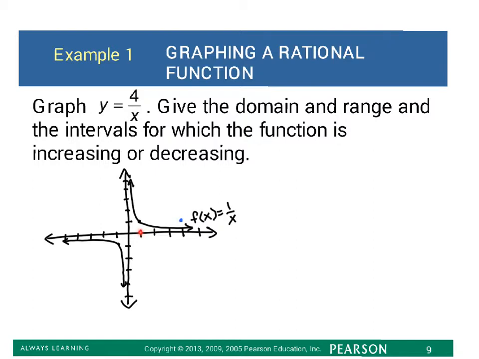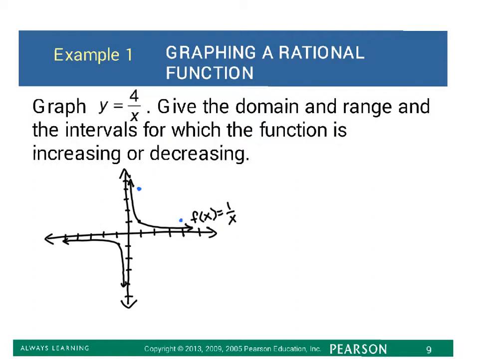Plugging in 1 for x, your y value is going to be 4 also. So plot that up here. Now we're going to connect these two dots right here with a smooth curve.